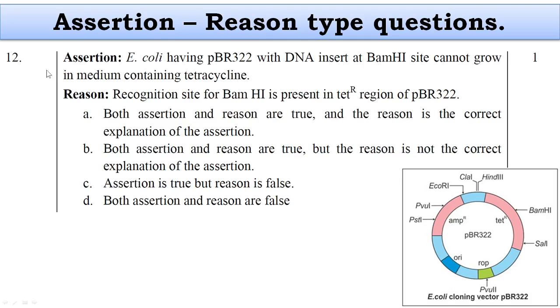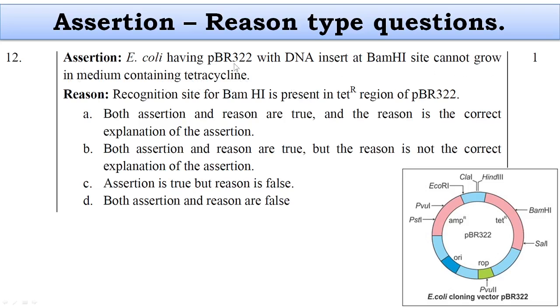So if we look at question number 12 in your sample paper, there are two sentences given over here. The first one is the assertion. It says E. coli, Escherichia coli, which have the PBR322 vector or plasmid DNA with the DNA inserted at BamHI site cannot grow in a medium containing tetracycline antibiotics.